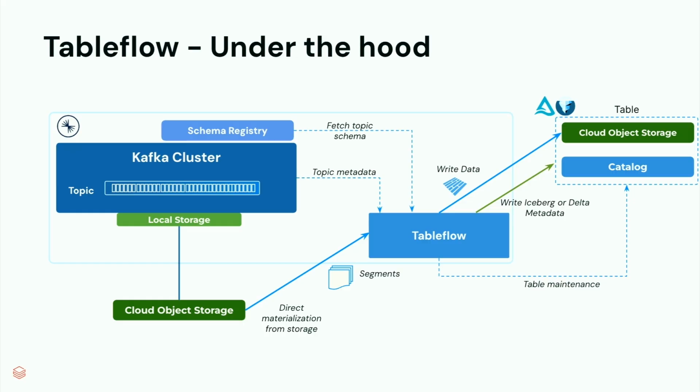And then we start reading data directly from the cloud object storage in the form of segments, right? So we are not writing another Kafka consumer application to read data, but we directly read data from the object storage. So this is very efficient, especially for very high volume workloads, as well as this puts very little overhead on your Kafka cluster, right?